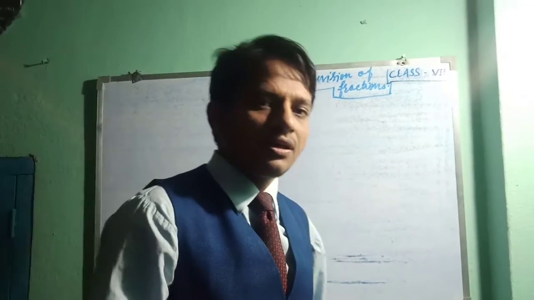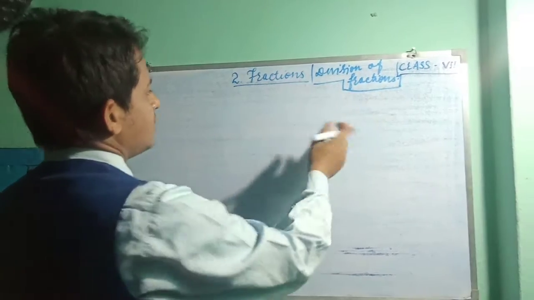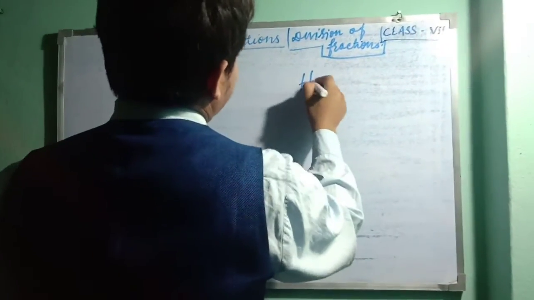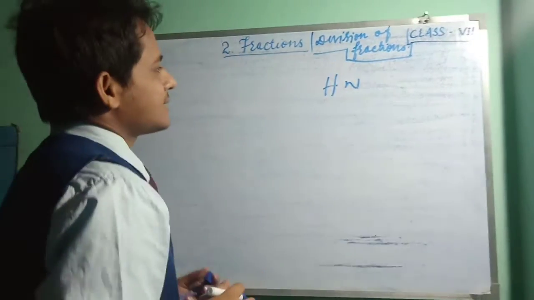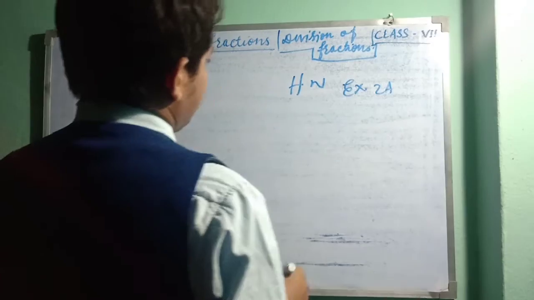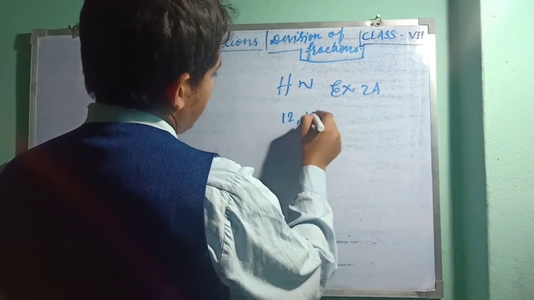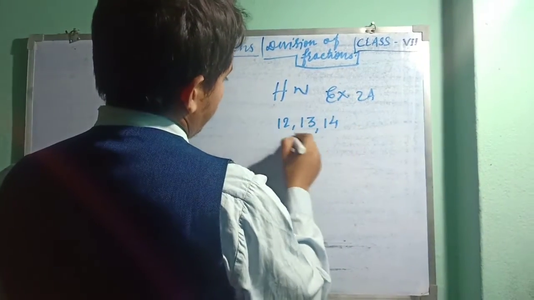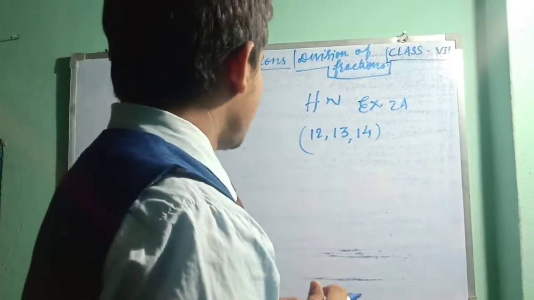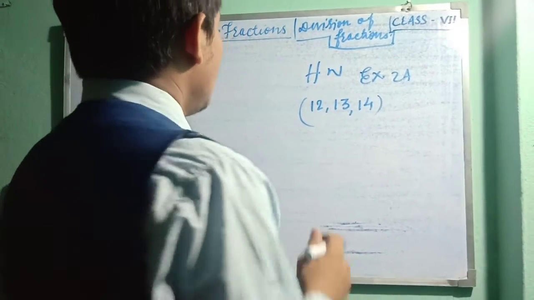Yes, dear students, I hope you got it, and keep watching this video carefully. Now your homework: in exercise 2A, solve question number 12, 13, 14. Okay, and we have to learn what I have taught previously, so please learn all the points.